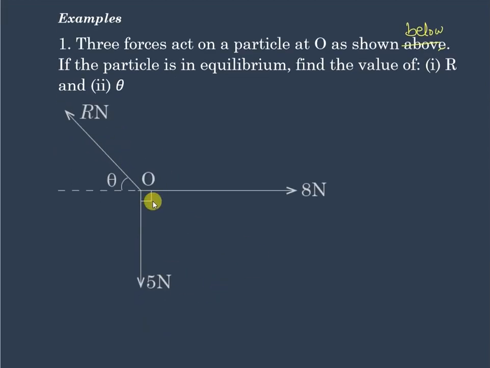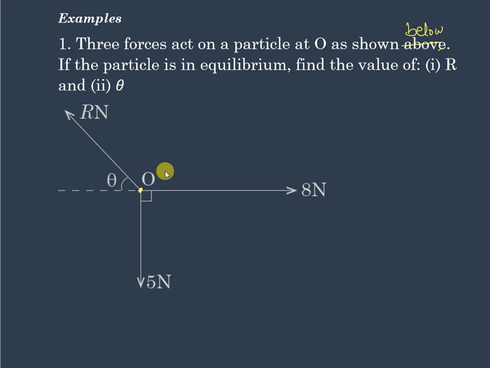So they are saying that this particle, which is at this spot here, is in a state of equilibrium, implying that the resultant force is not tending to make the body move in any particular direction, that the forces are counterbalancing each other. Now, if you try to resolve these forces in two perpendicular directions, you can think of, for example, vertically along the y-axis, and then horizontally along the x-axis.